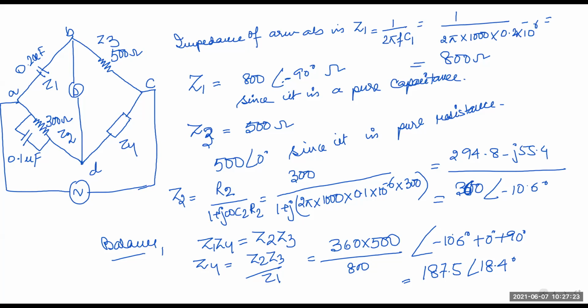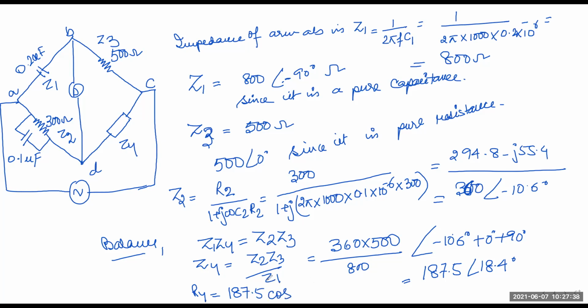So what you can do, you can find out the R4. Okay, R4 you can write like this: 187.5 cos. Cos what term you can take?